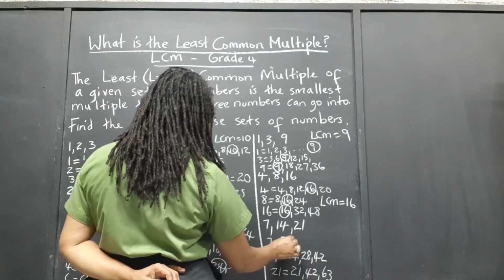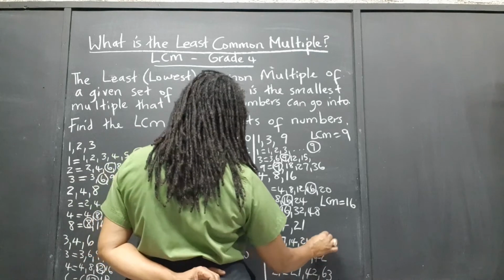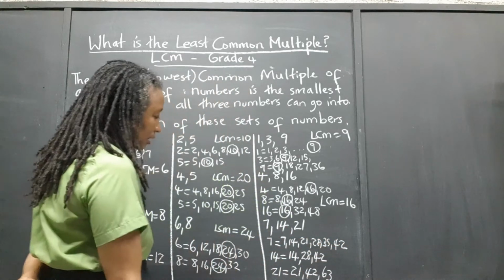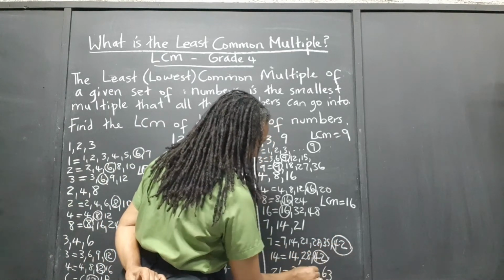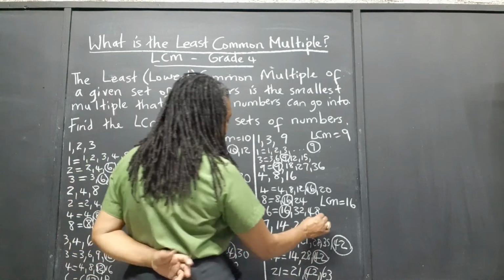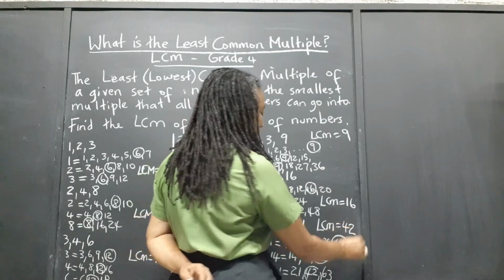So that's 7, 14, 21, 28, 35, 42. Wow. So we finally found it. Okay, 42. Alright, so the LCM of 7, 14, and 21 is 42.